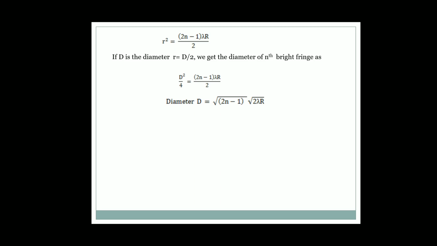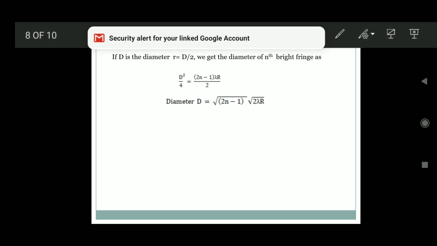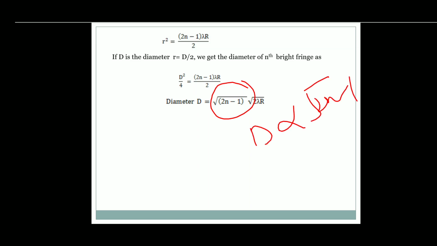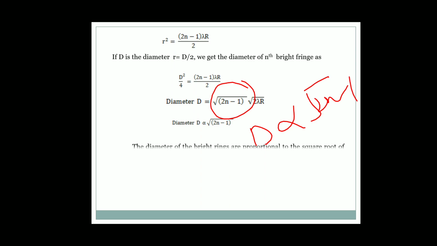So the diameter D is equal to square root of (2n minus 1) into square root of 2λR. This is nothing but the diameter D is proportional to square root of (2n minus 1), which is an odd number. So the diameter of the bright ring is always directly proportional to the square root of the odd natural number.